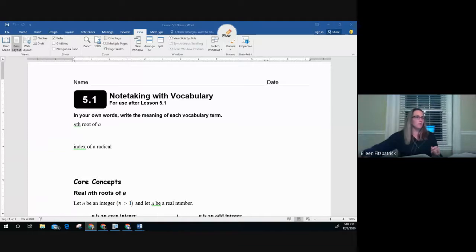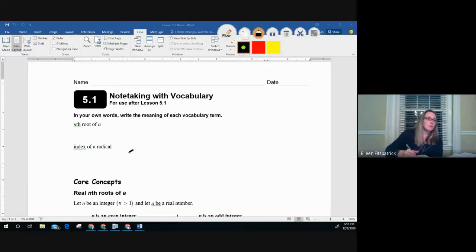All right, so starting with the vocabulary, the nth root of a. I'm actually going to describe this as we go through the next set of problems, but we're going to talk about the nth root. That's whatever root you're taking, right? So typically, we look at problems where we're taking, like, the square root of 4.